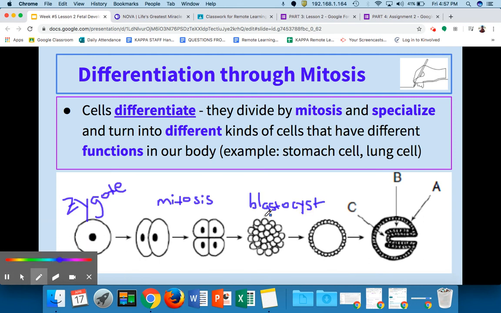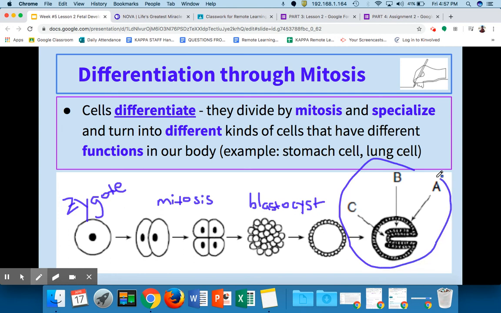So up until this point, all of the cells are identical copies of each other because mitosis is when cells divide and make identical copies. It isn't until this stage that cells start to become different, right? If you think about your own body, you have all different kinds of cells. You have hair cells, skin cells, nail cells, bone cells, lung cells, brain cells, so many different kinds of cells.